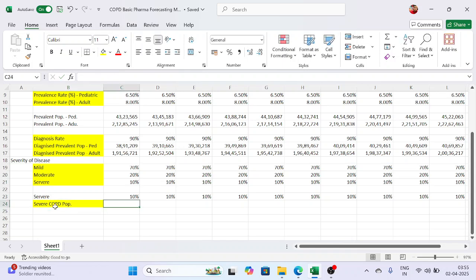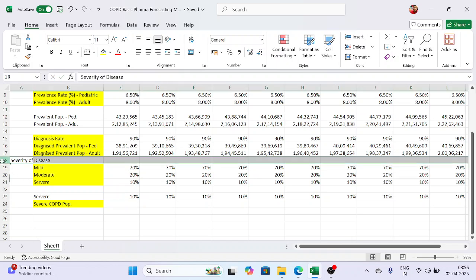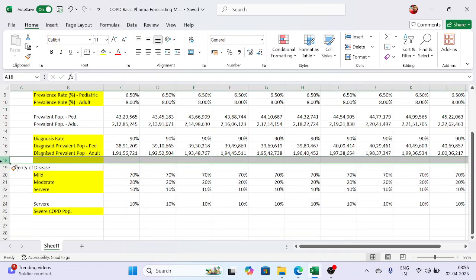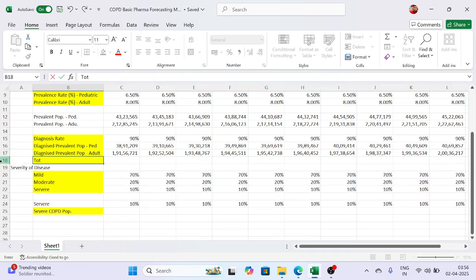That is equal to this multiplied by your diagnosed population, so your total diagnosed population.